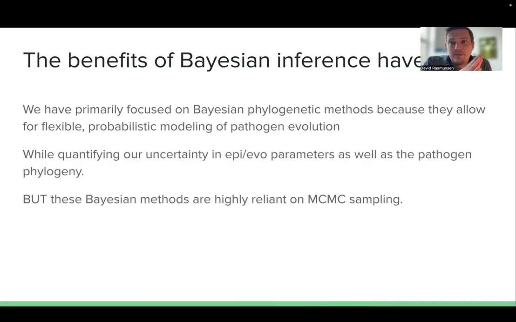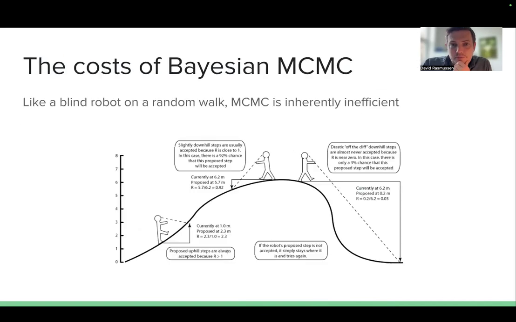It's often a case of the fact that for many of the problems that we're interested in, when we're doing Bayesian inference, we're forced to use MCMC to approximate or sample from our posterior distributions, which I'll argue for a couple different reasons is just inherently inefficient.